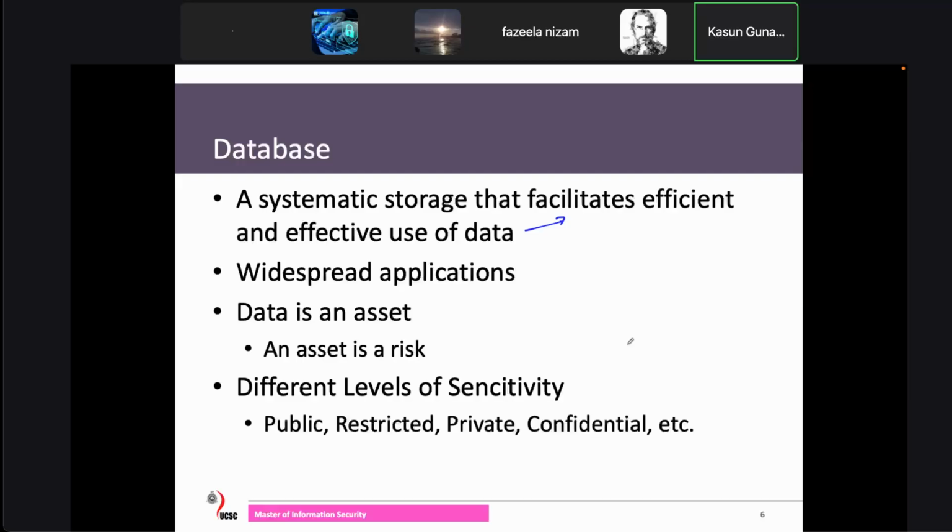Some data can be exposed publicly, doesn't matter whoever has access to it, but for some information, the level of sensitivity is restricted and some are very confidential.